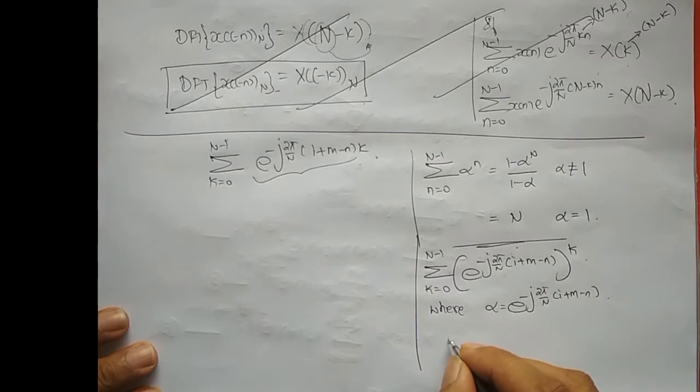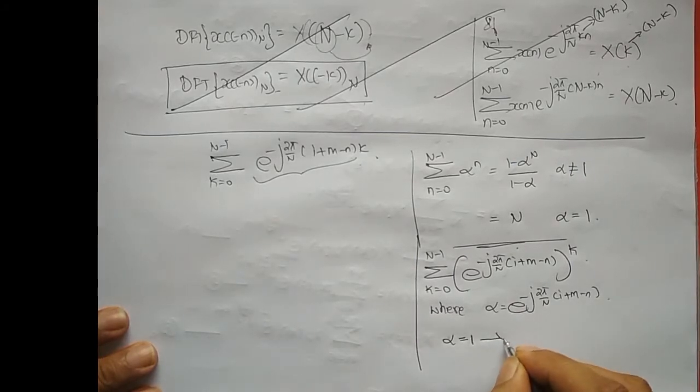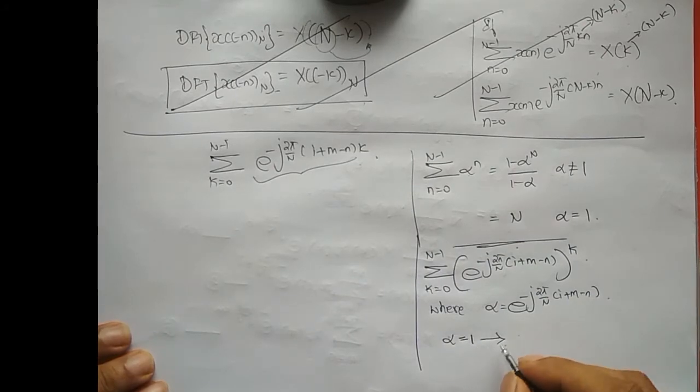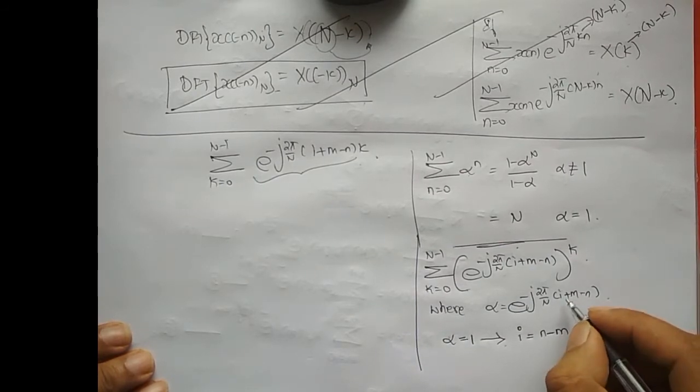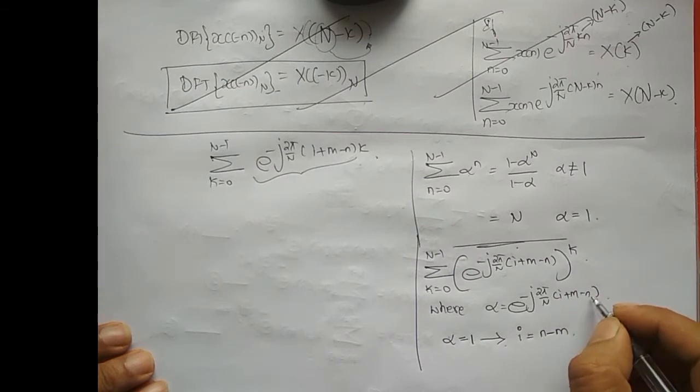Now, for what value of I does alpha become equal to 1? That is what I am trying to say. If I put I equal to plus N minus m, then m cancels out, n cancels out, so this becomes 0.